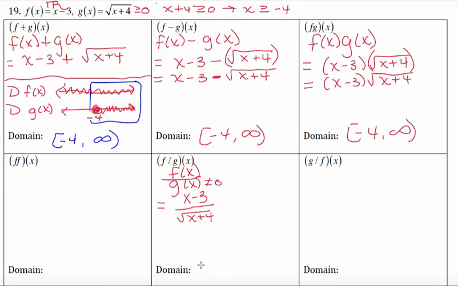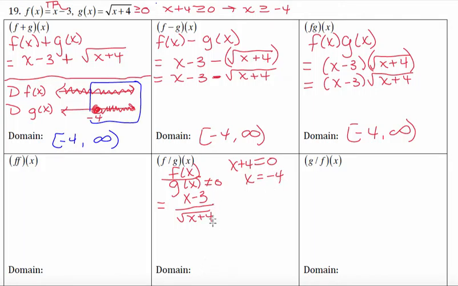So whatever makes it equal 0, I'm going to take that out of the domain. So I'm going to take my x plus 4 under my radicand and set it equal to 0. And I see that when x is equal to -4, I get 0 in the denominator. And so we're going to have to take that back out of the domain.